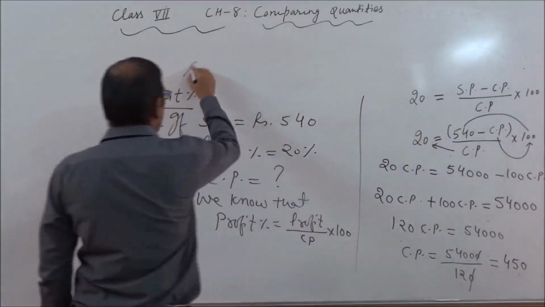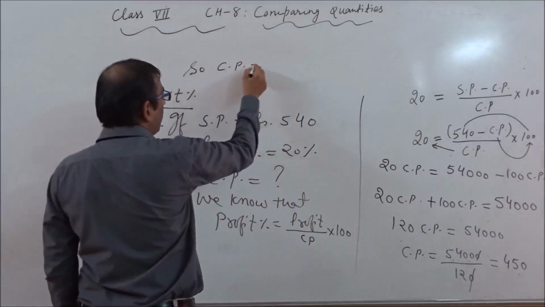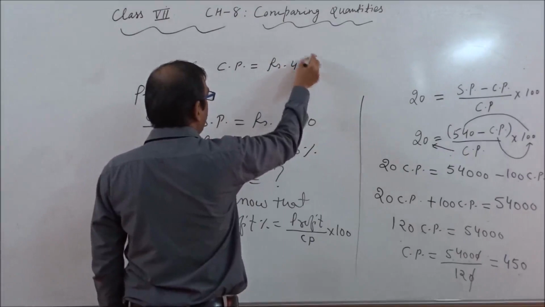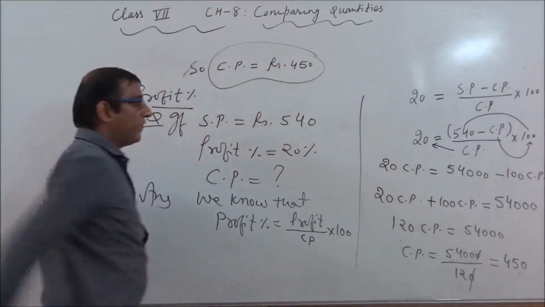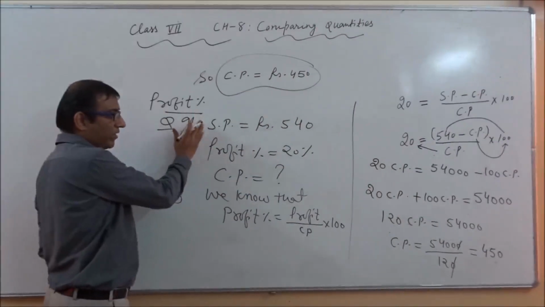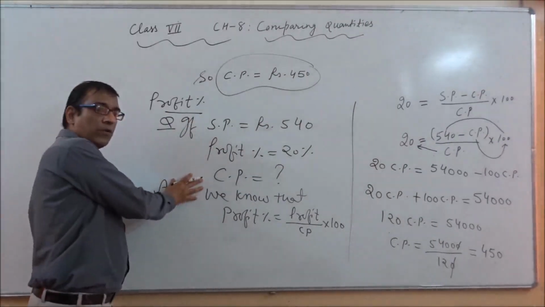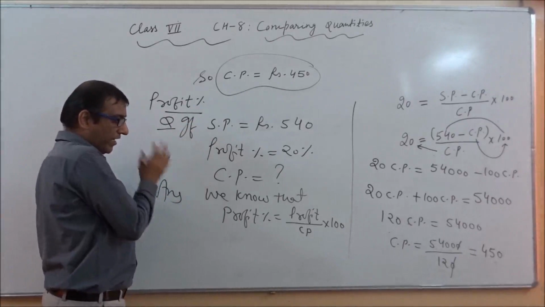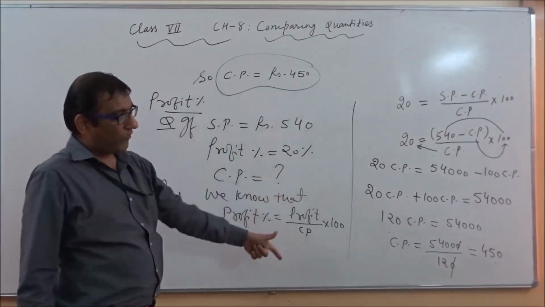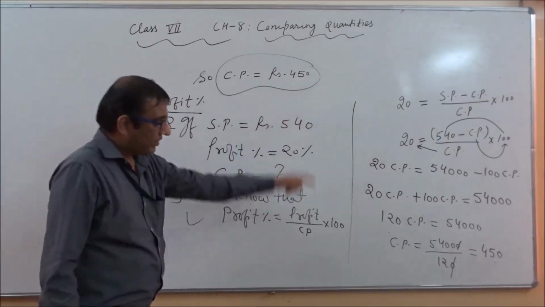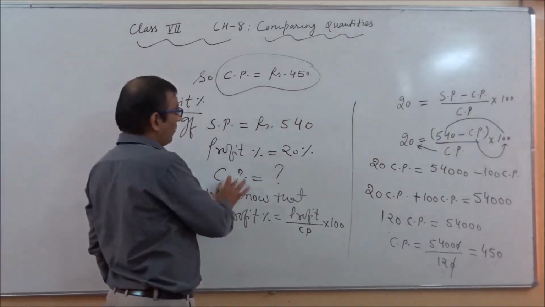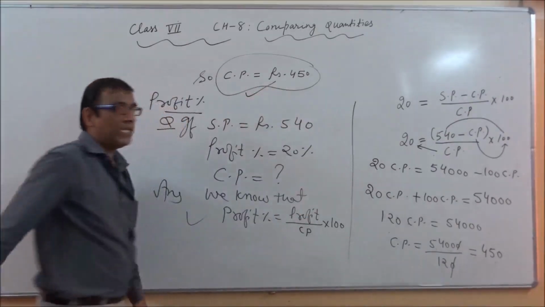So we can say the cost price of that particular object is rupees 450. So this is the way of solving a question which is related with selling price and profit percentage, where we have to calculate the value of cost price. It means when we put the formula of profit percentage, we can solve it easily as per this procedure.